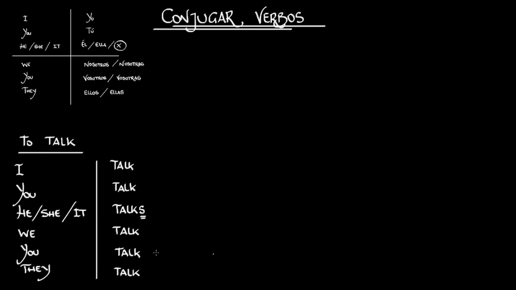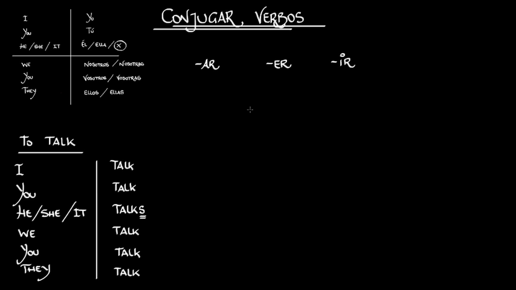You adapt the verb slightly depending on the personal pronouns. Let's take a look at an example. The first thing that I would like to mention is that all verbs in Spanish finish in one of these three endings: AR, ER, or IR.